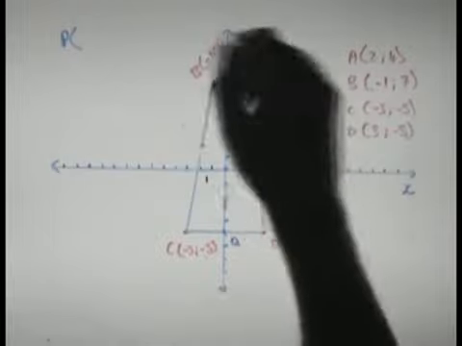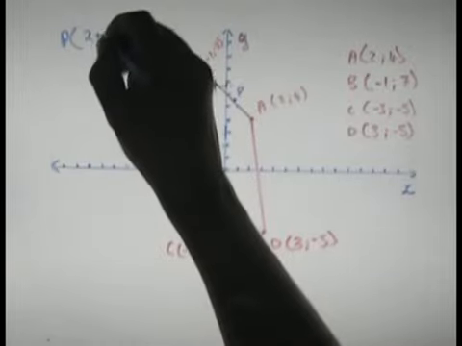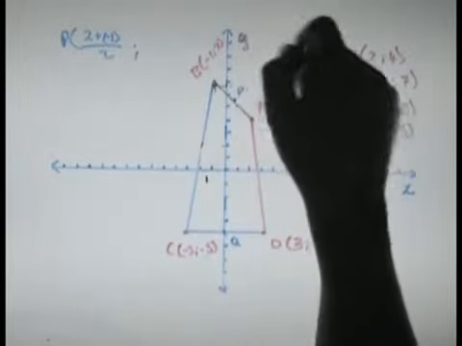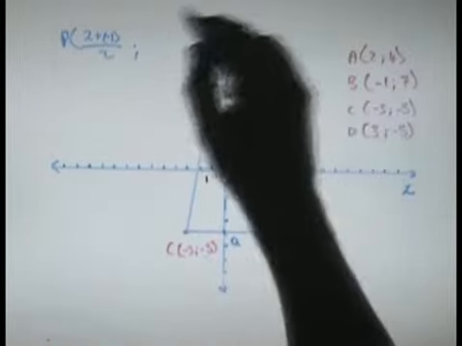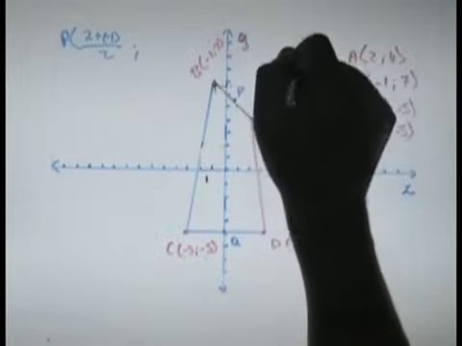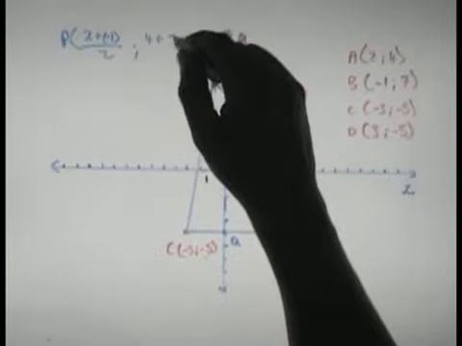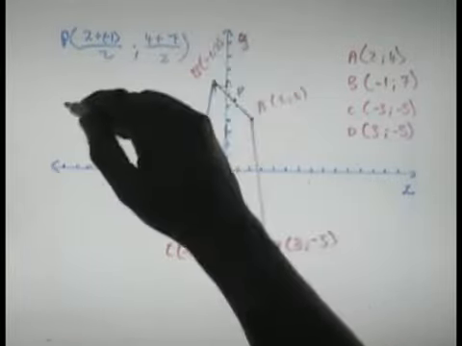My coordinates of P are going to be given by x2 plus x1, which is 2 plus minus 1, over 2, and my y value is going to be given by y2 plus y1, which is 4 plus 7 over 2.